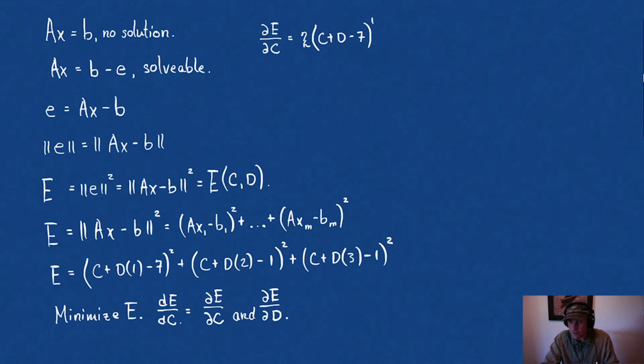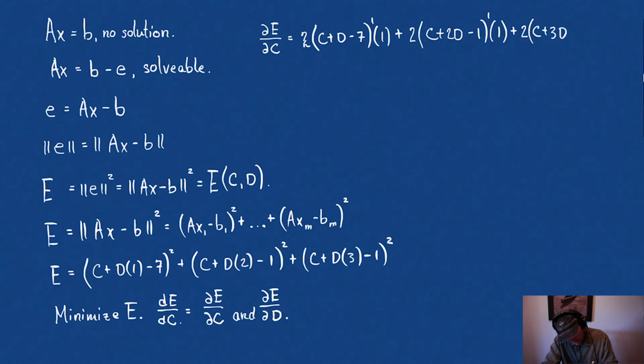Well, the derivative of c is 1, the derivative of d is 0, and the derivative of negative 7 is 0, so this is going to be times 1, plus 2 times c plus 2d minus 1 to the first times the derivative of the inside, which is just 1, plus 2 times c plus 3d minus 1 to the first times 1, and all of that is 0.